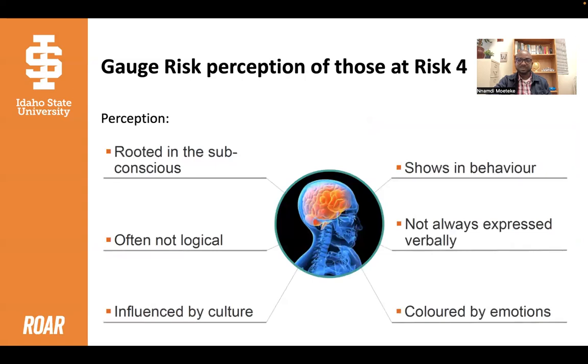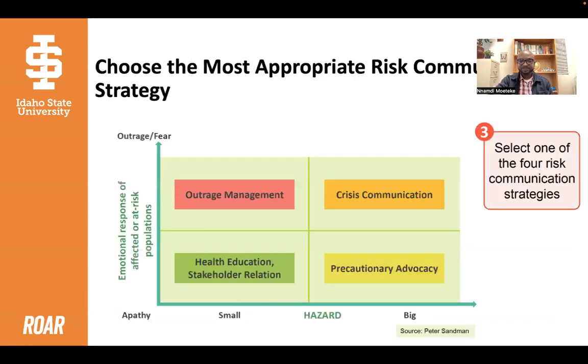Often people generally are not that logical, and their actions and behaviors are influenced by their emotions and their culture, and their perceptions are rooted in their subconscious. So these factors have to be taken into cognizance when carrying out risk communication during an outbreak.